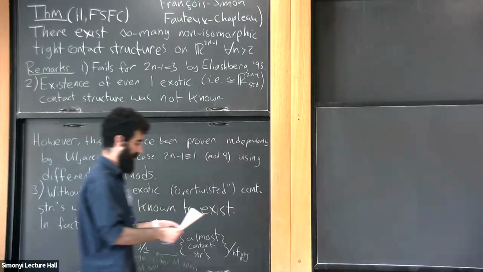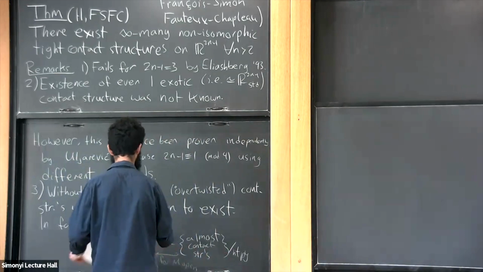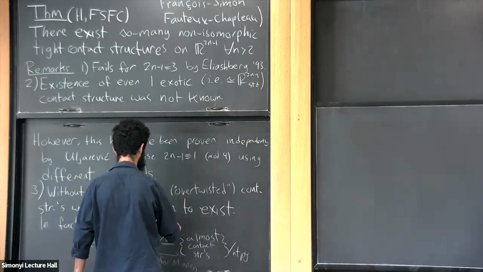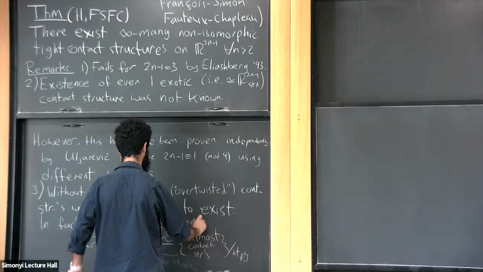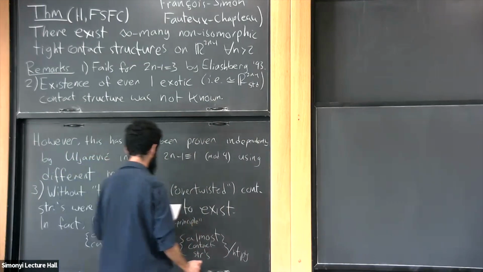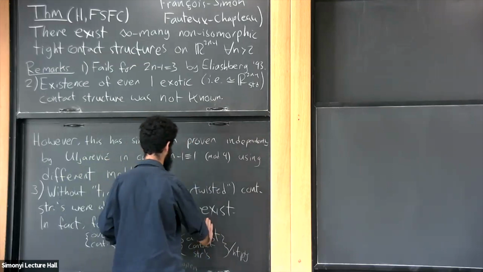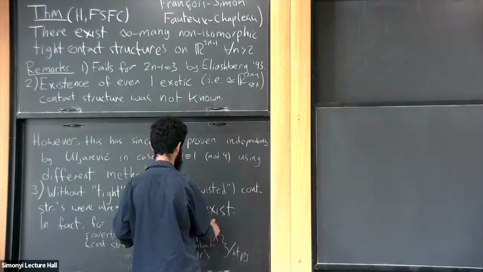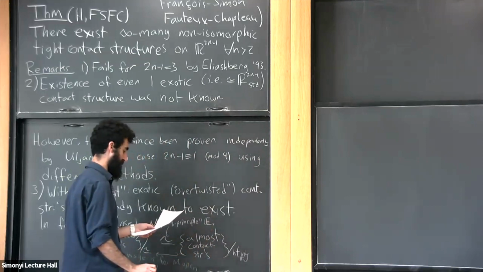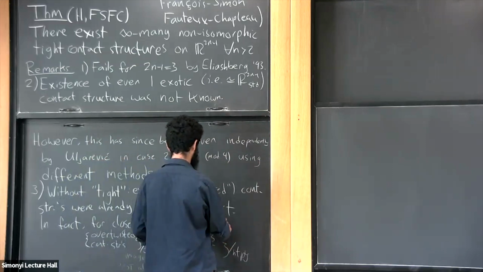Okay, some more. This is called the h-principle for overtwisted manifolds, and it's the theorem of, okay, I'm going to write Eliashberg several more times, so perhaps allow me to write E, from 89.